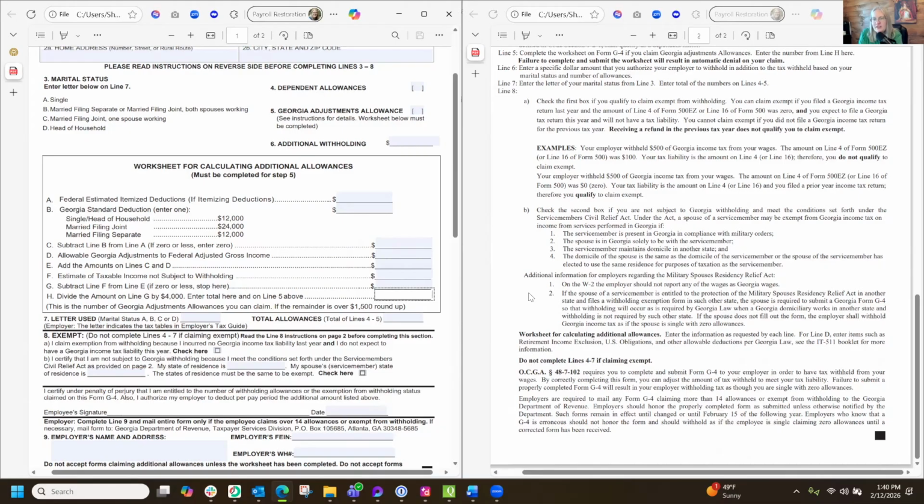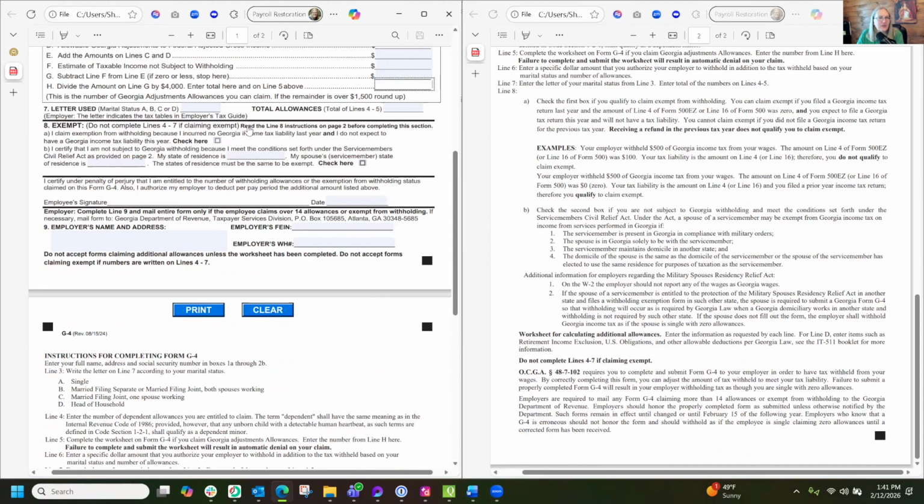Two, if the spouse of a service member is entitled to the protection of the Military Spouse Residency Relief Act in another state and files a withholding exemption form in such other state, the spouse is required to submit Georgia Form G-4 so that withholding will occur as is required by Georgia law when a Georgia domiciliary, I'm sure I pronounced that wrong, works in another state and withholding is not required by such other state. If the spouse does not fill out the form, the employer shall withhold Georgia income tax as if the spouse is single with zero allowances.